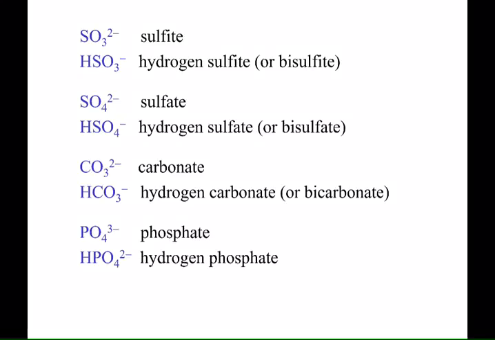It will be -2. So HPO4 2- is hydrogen phosphate. By golly, we can kick in another hydrogen, and this has the fanciest hyphenated name of a polyatomic anion. This is dihydrogen phosphate. If we kick in 2 hydrogens, now it goes to a charge of -1 from -3. So I hope that helps.